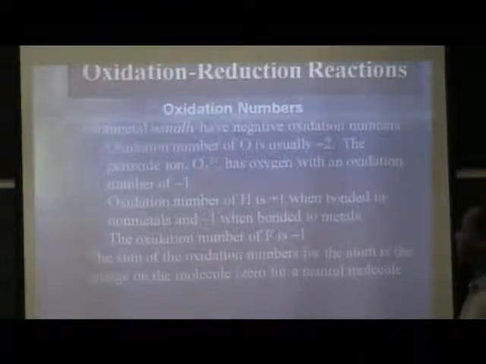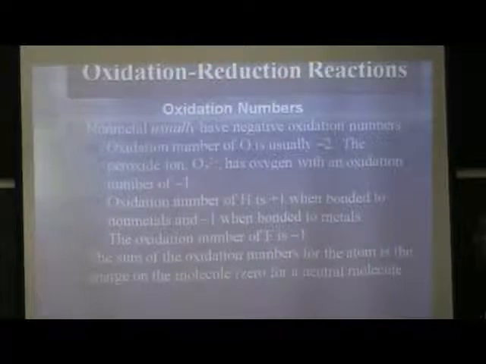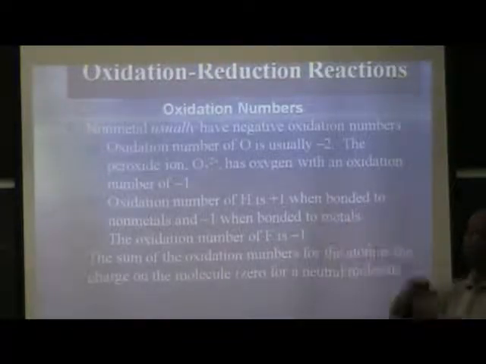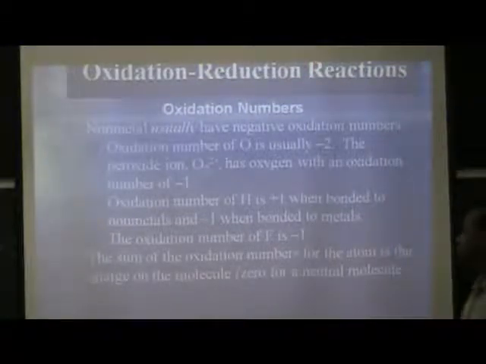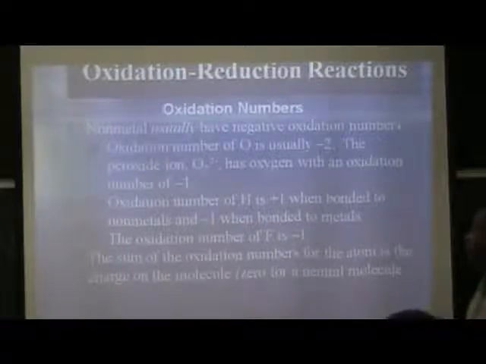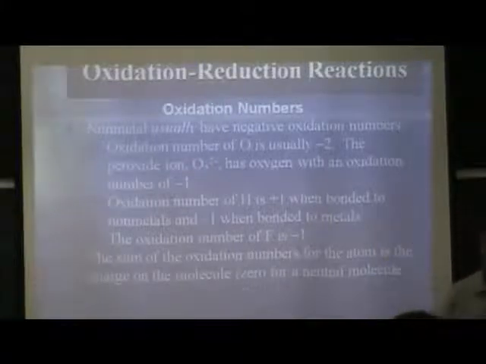A little bit different is the oxidation number of hydrogen. Hydrogen has a +1 oxidation number when it's bonded to non-metals. Hydrogen has an oxidation number of -1 when it's bonded to metals. That means you may have a situation like NaH.